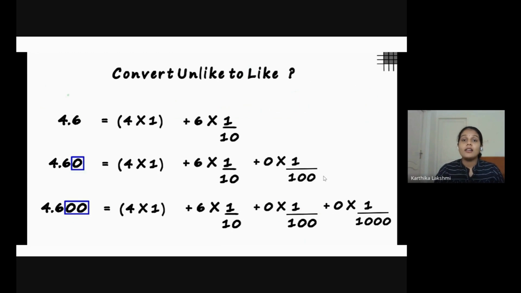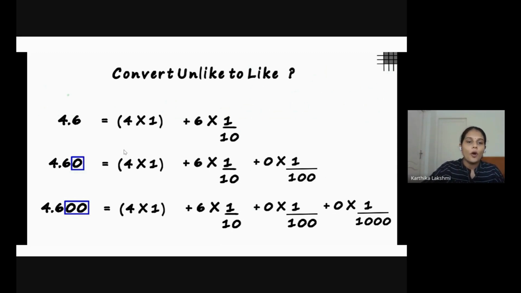Simple, right? Our next topic is converting unlike to like. As we know, unlike decimal fractions have different numbers of digits in the decimal part, and like decimal fractions have the same number of digits in the decimal part. So we are going to convert unlike decimal fractions to like decimal fractions, which means we make the number of digits the same.